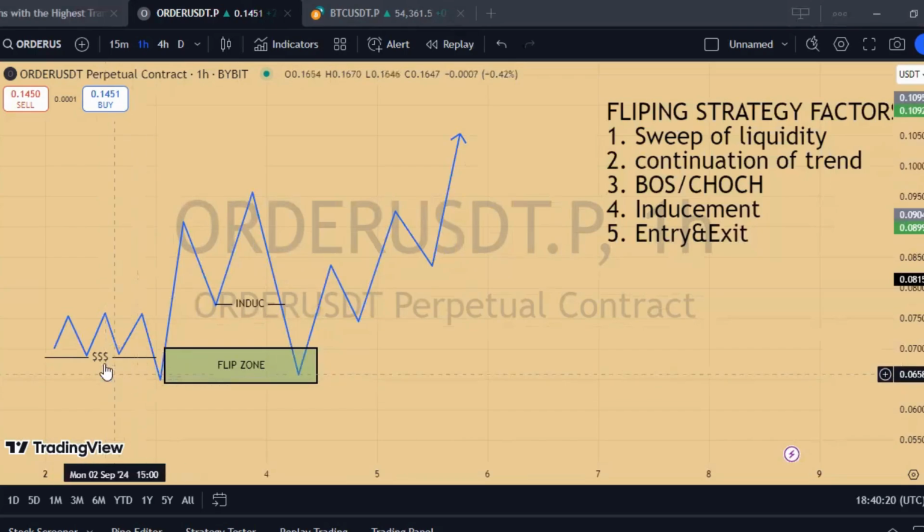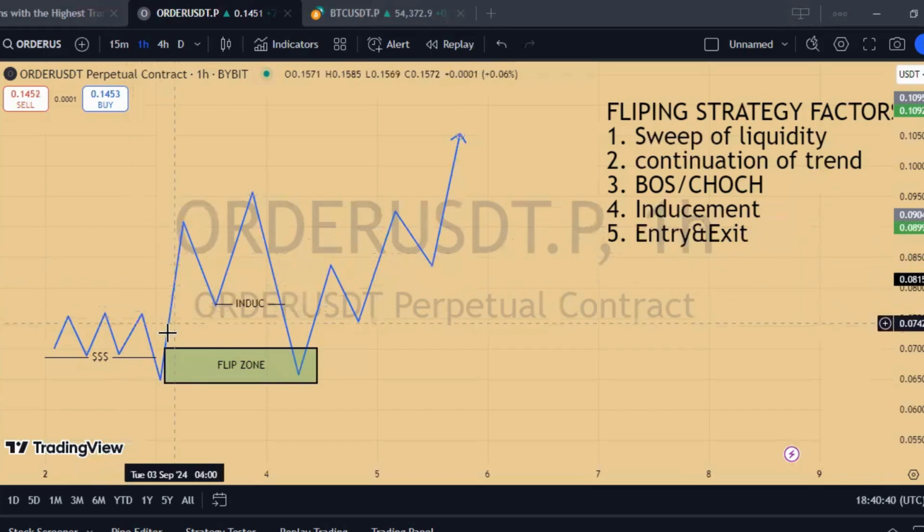So if price sweeps out this liquidity, it has gotten enough strength, enough fuel to move. The liquidity that it takes gives it the high momentum to move up, giving us an imbalance. There must be an imbalance here, a fair value gap. If you call it imbalance, you're correct. If you call it fair value gap, you're correct.